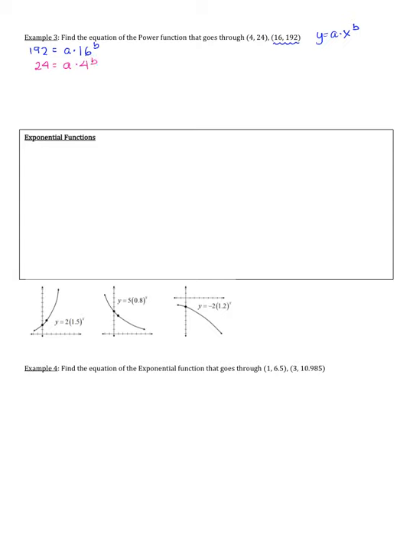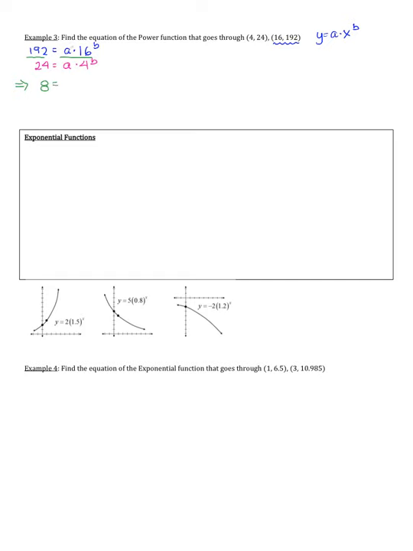The reason I do that is because everything here is multiplication, so I'm going to divide the two equations. The reason I like the bigger one on top is so I don't have a fraction, but it doesn't matter. 192 divided by 24 is a lovely 8.